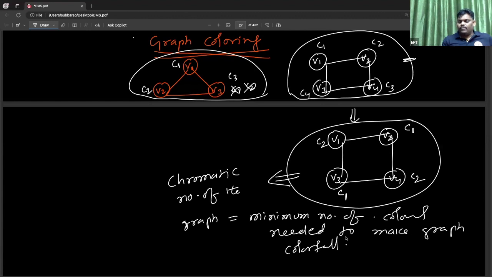How many are required to make this graph colorful, minimum? 2. That is called the chromatic number of the graph.